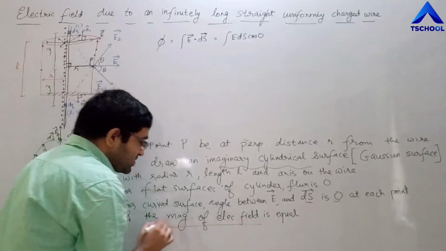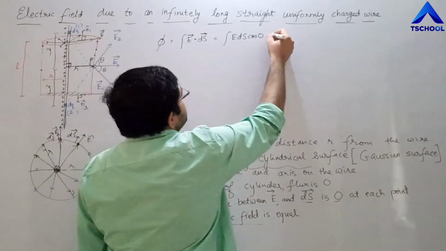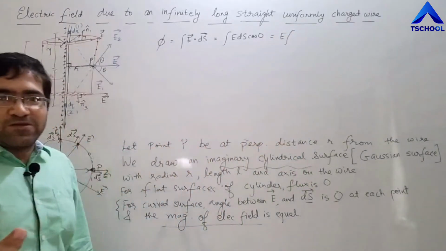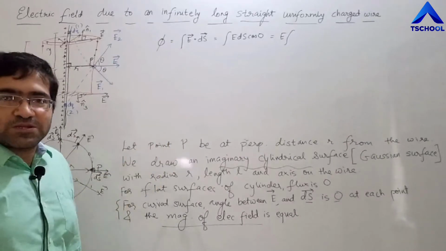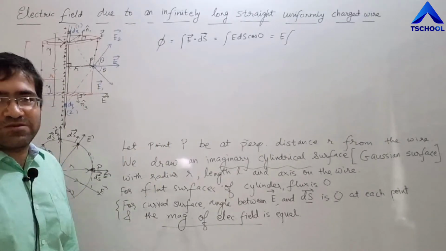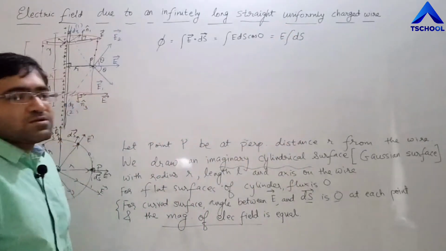Not only that, the magnitude of the electric field is the same at all points. So I can put the electric field outside of the bracket, right? I don't know the value of the electric field. That's why we are doing this calculation, right? We want to find out the value of the electric field vector. So cos 0 is 1. So this is what you are left with.